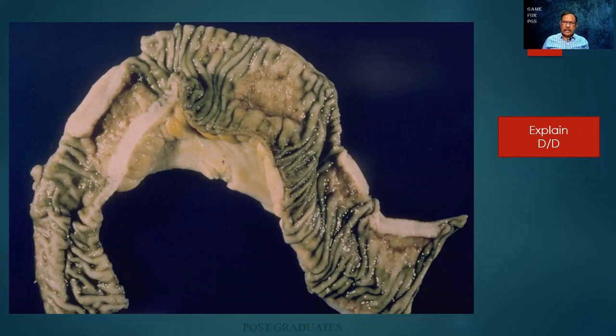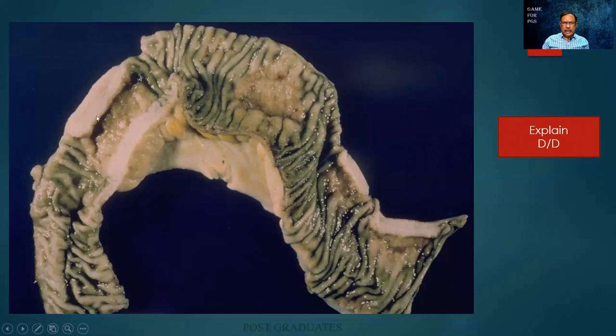So whenever there is a classical picture, that alone can be asked as a morphology for us, not every other thing. The others are simply called non-specific. So Clostridium difficile is one. This can be tuberculosis. Third one is typhoid. Four is amoebic ulcer. These things you people should be able to remember.